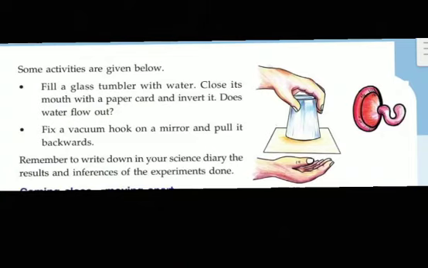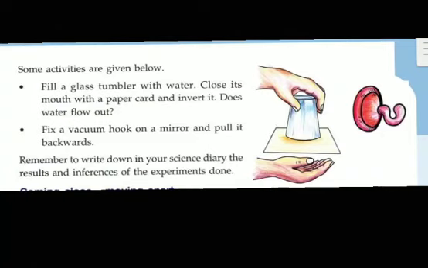Similarly, in the next one, you can see a vacuum hook. You fix the hook on a mirror and you try to pull it backwards. When you fix the vacuum hook on a mirror, it adheres to the mirror. It is due to atmospheric pressure. The air between the vacuum hook and the mirror is very low, and the outside atmospheric pressure is greater.